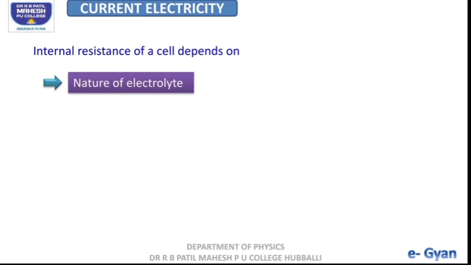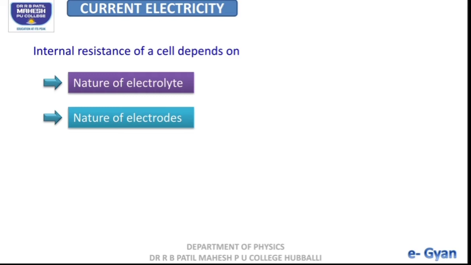If the conductivity of the electrolyte is high or greater, then the internal resistance will be lesser. Greater the conductivity of electrolyte, lesser is the internal resistance. So, by this we can conclude that internal resistance depends on nature of electrolyte.